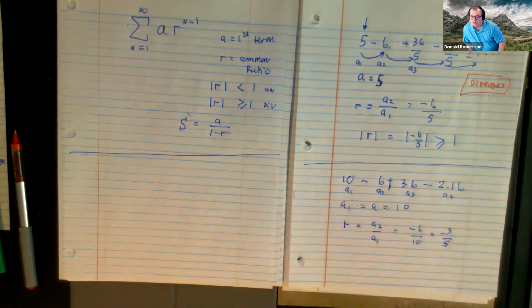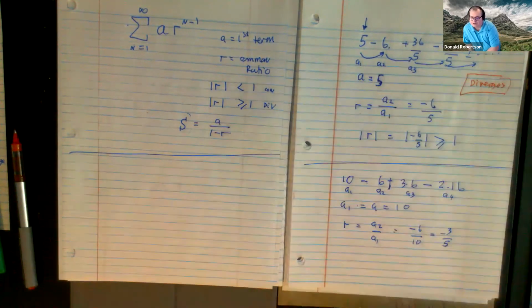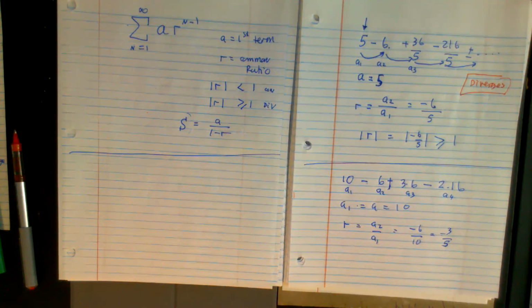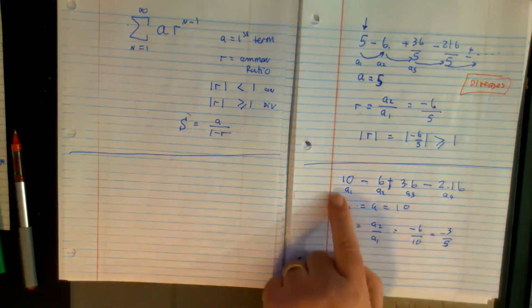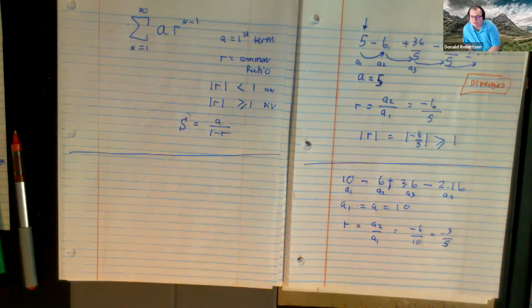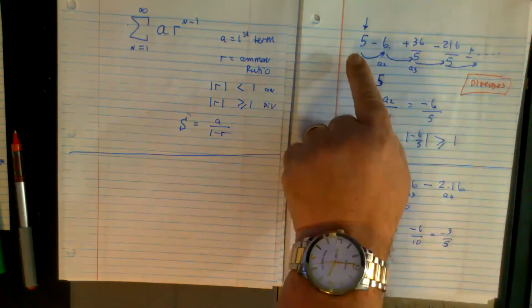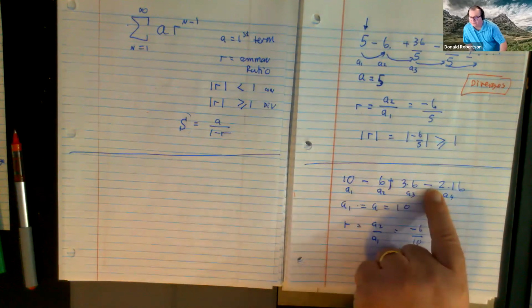How do I know that this one was going to converge, but that one was going to diverge? Just by looking. Is the second term's absolute value greater or less than the first term's? Another way of saying that is, aren't these getting bigger and bigger, forgetting about the plus minus part? And aren't these getting smaller? So if you're getting smaller in the geometric series, you're going to converge, and if you get bigger, you diverge.